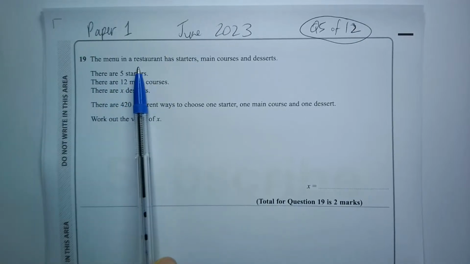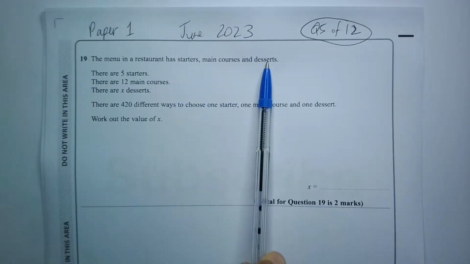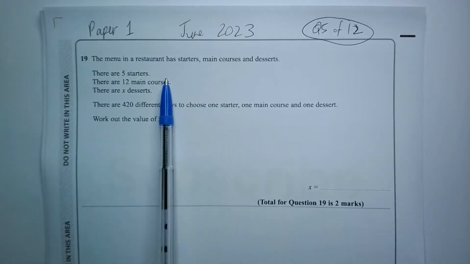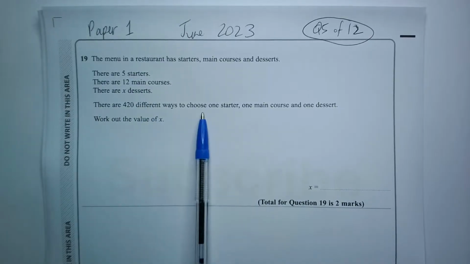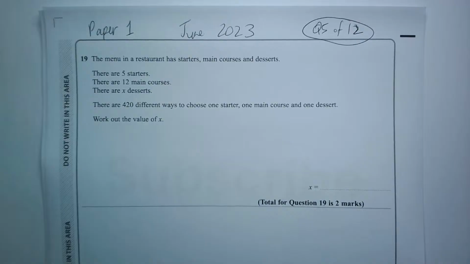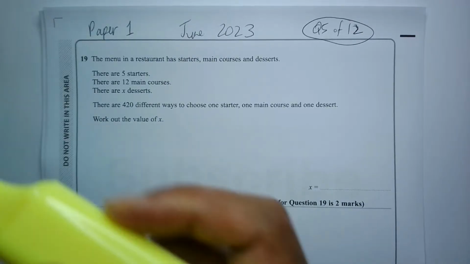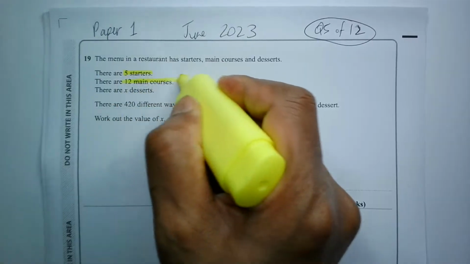The menu in a restaurant has starters, main courses, and desserts. There are 5 starters, 12 main courses, X desserts. There are 420 different ways to choose 1 starter, 1 main course, and 1 dessert. Work out the value of X. So you can see we have 5 starters, 12 mains.